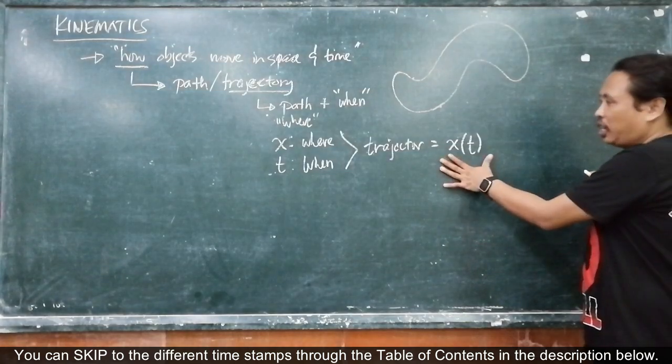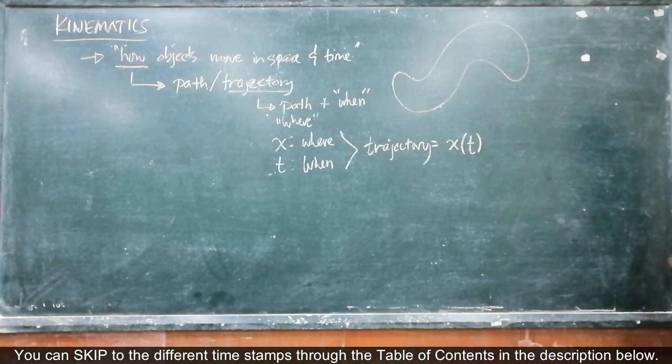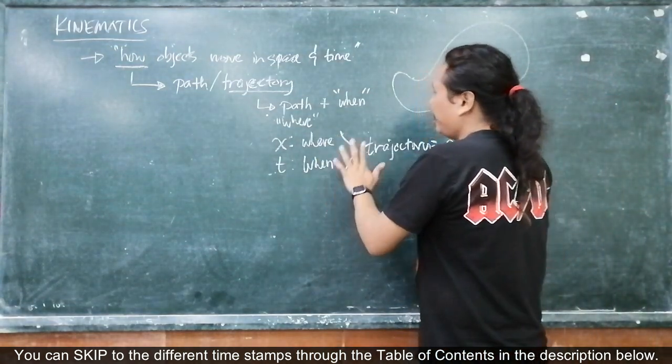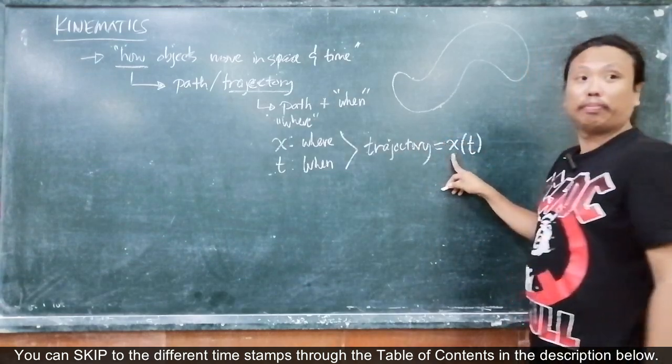This is x of t, the trajectory. So basically, where and when is summarized in this function, x as a function of time.